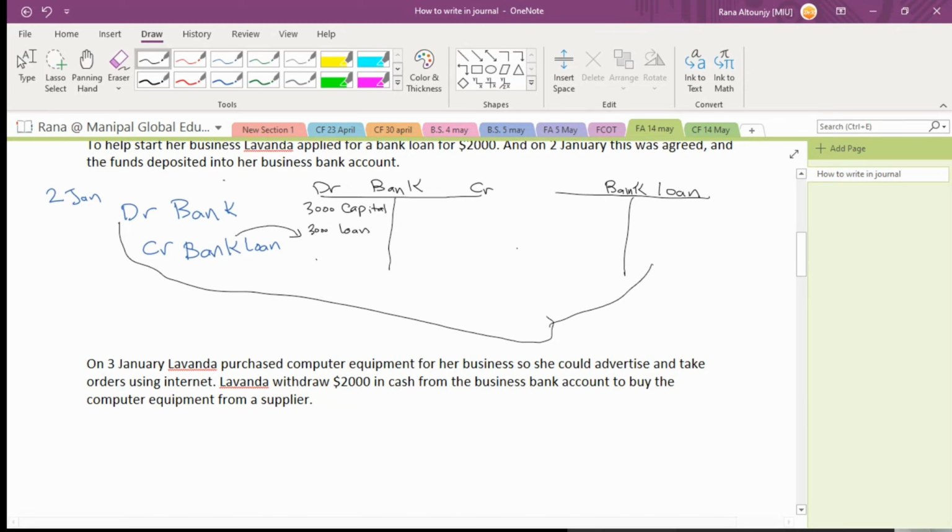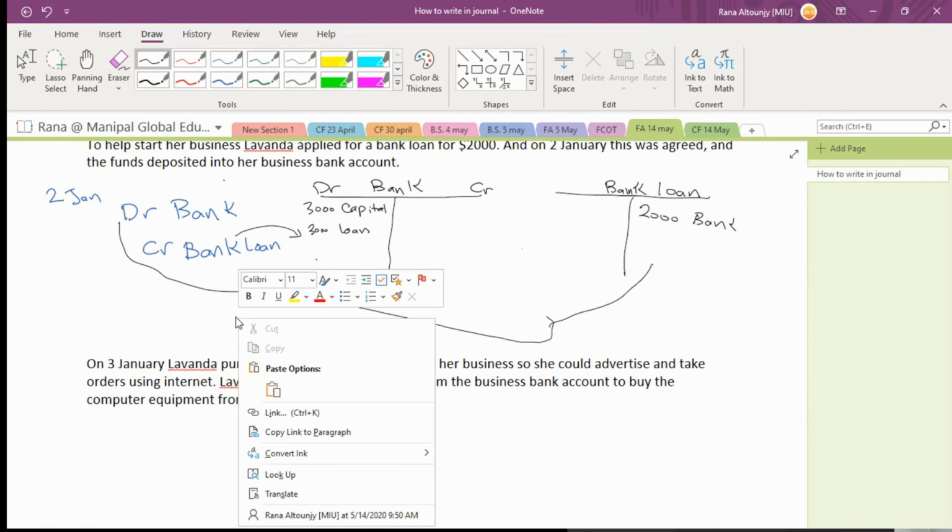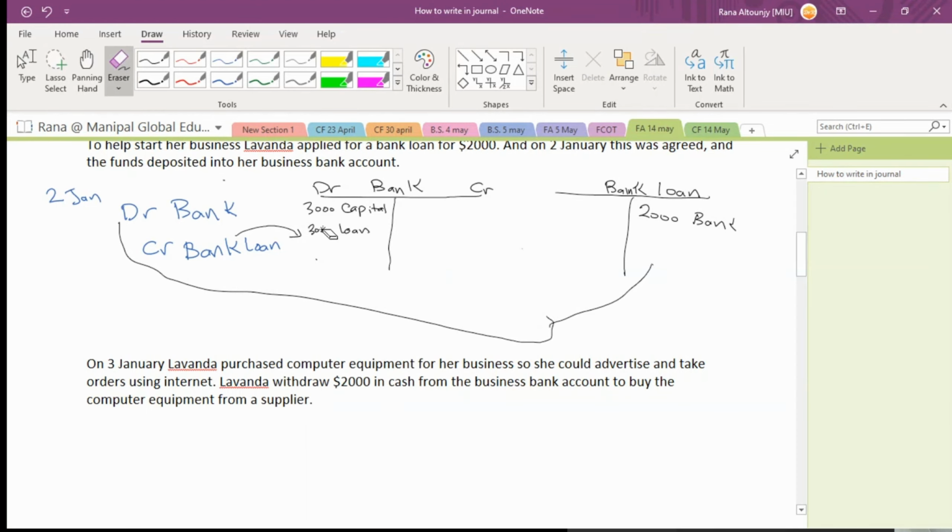So we write that bank, which is the amount 2,000. Sorry, this one it's 2,000, not 3,000.